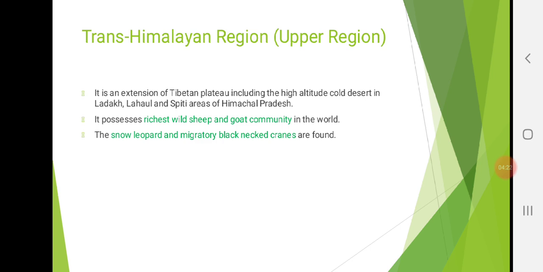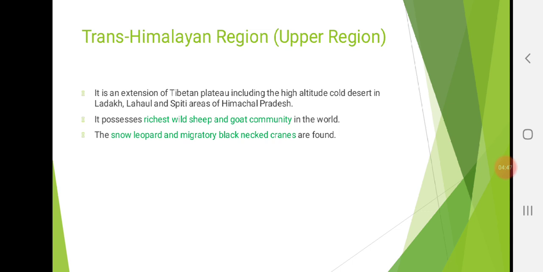So, the first one is the Trans-Himalayan region. It constitutes 5.6% of the total geographical area and includes the high altitude, cold and arid mountain areas of Ladakh, Jammu and Kashmir, North Sikkim, Lahul and Spiti areas of Himachal Pradesh.